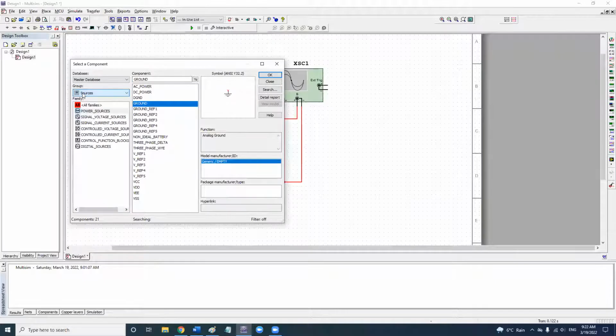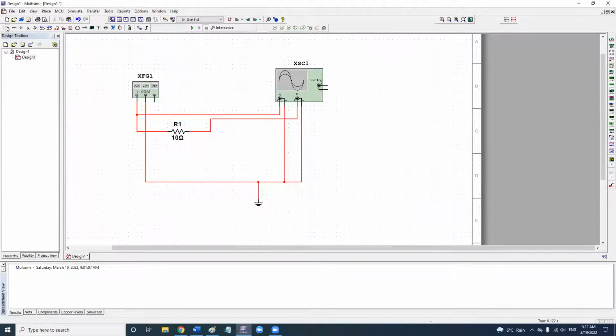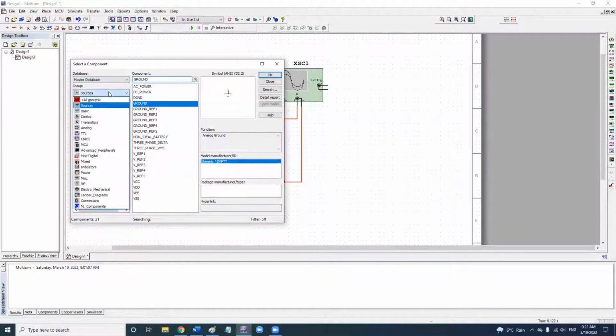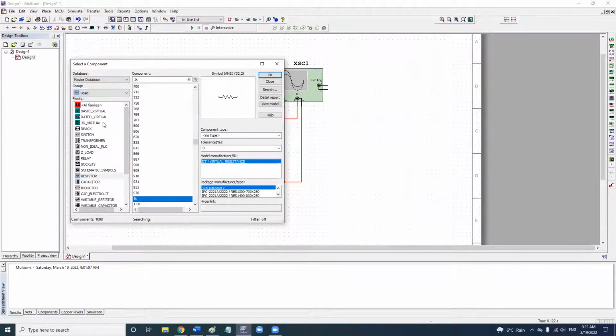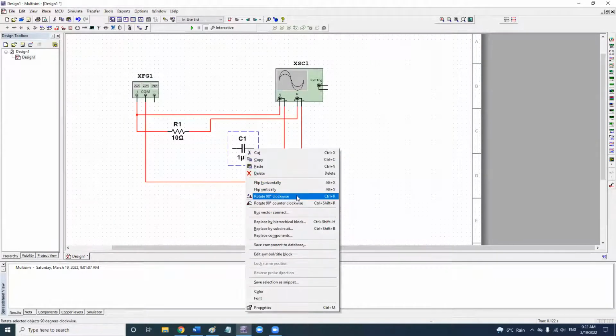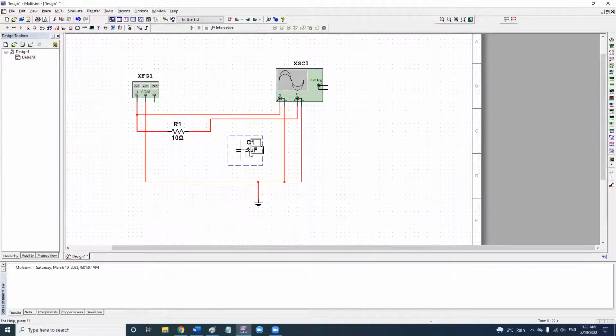To find that, when you are on Multisim, click the Master Database at the top, click the group, go to Basic. On the Basic part, you will see capacitors. I'm going to use 1 uF.